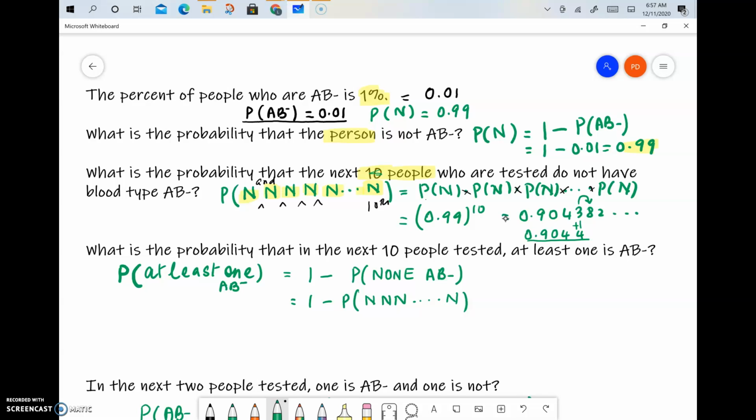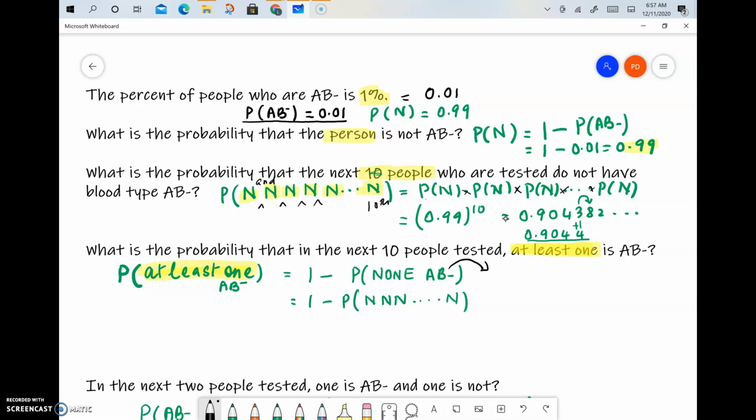Now the next problem is, what is the probability that in the next 10 people tested, at least one is AB negative, at least one? If you see the term at least one out of multiple people, there's a certain rule that we apply to make our calculation easier, and that is 1 minus the probability of the opposite event.